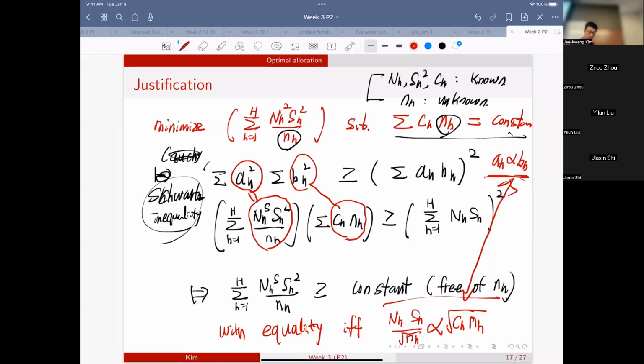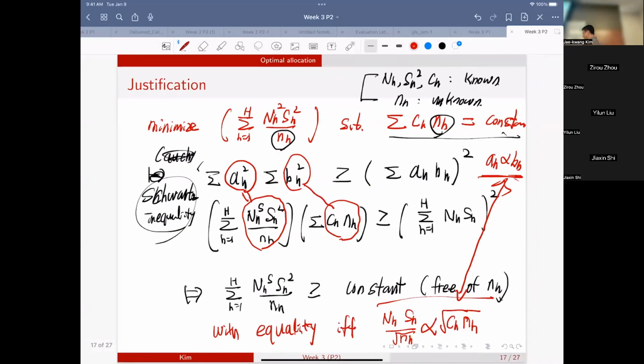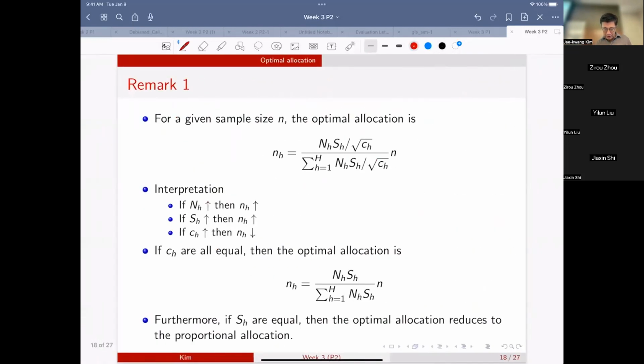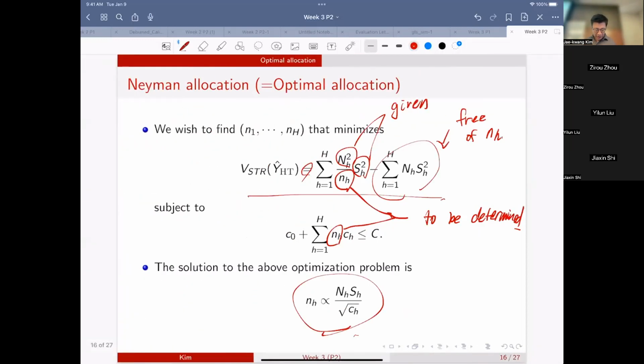That leads to this result. So that is basically the mathematical derivation of the result, Neumann. So this is the formula for Neumann allocation.